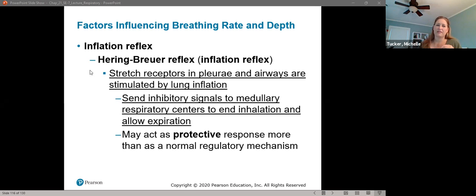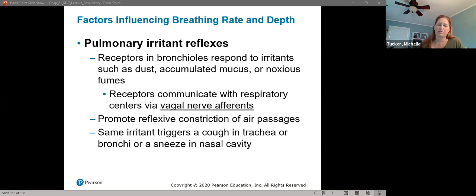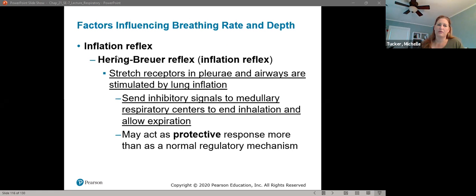So this inflation reflex takes signals from above, and it is going to constrict inflation to a level where it's not going to overinflate and damage the alveoli. So the pulmonary irritant reflex as well as the inflation reflex are both protective mechanisms.